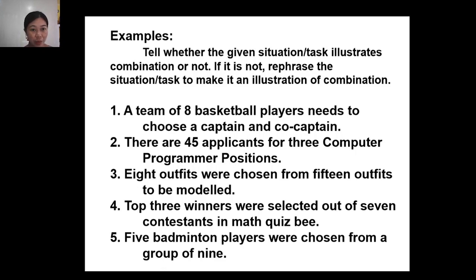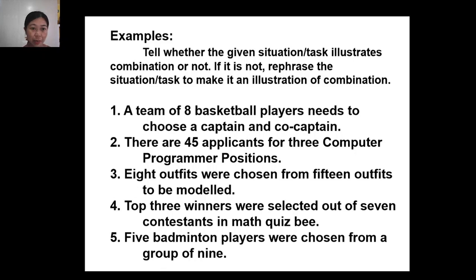In situation number 1, we have a team of 8 basketball players needs to choose a captain and co-captain. If we are going to analyze the given situation in number 1, we are going to tell whether it is a combination or not.